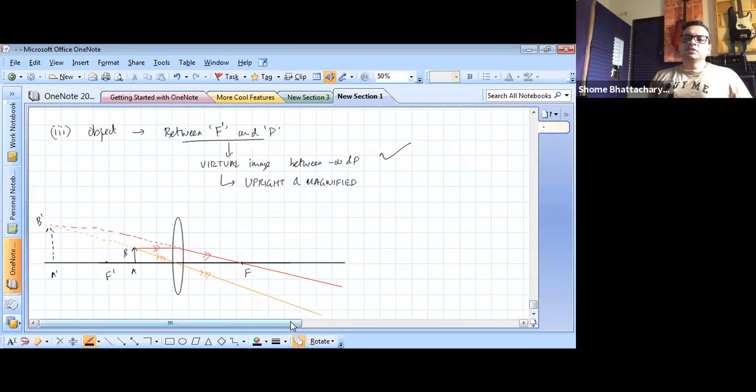Now apply reversibility to this, and you will understand that anytime there's a virtual object, there will be a real image between the pole and the focal point.